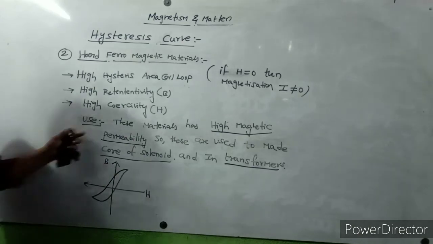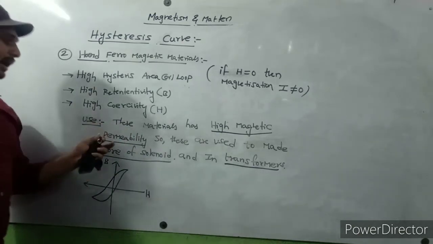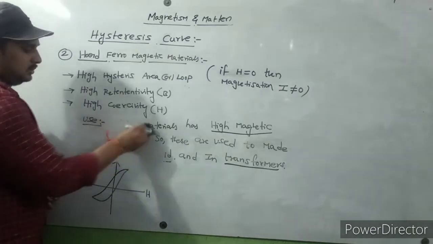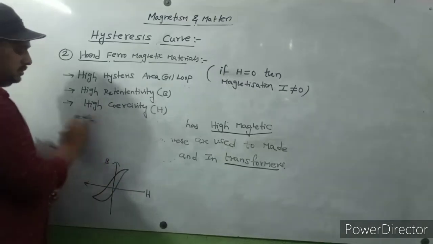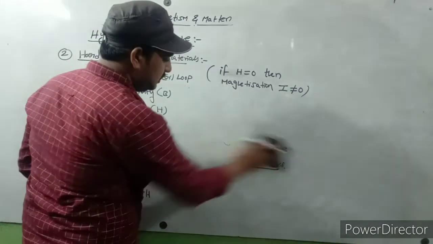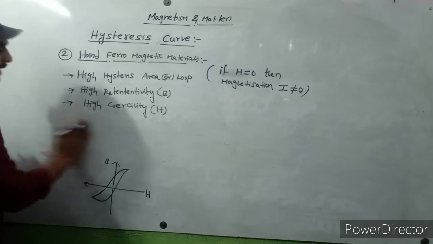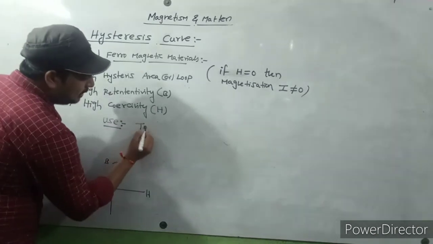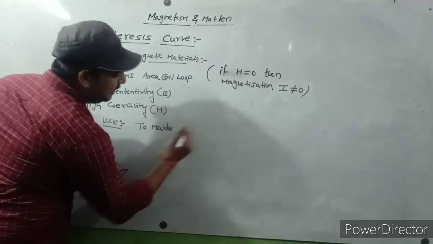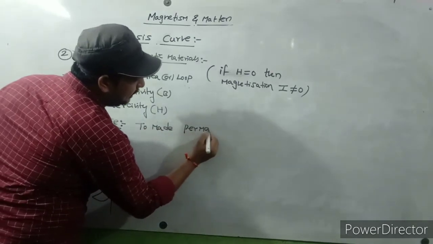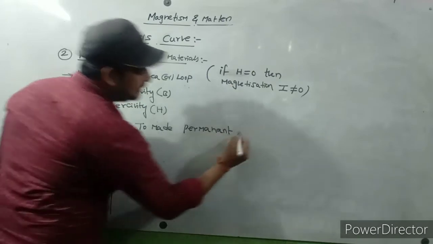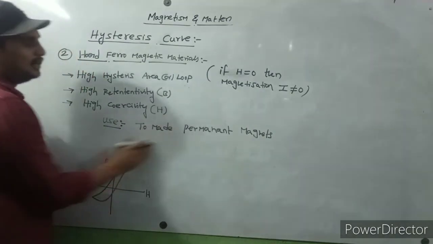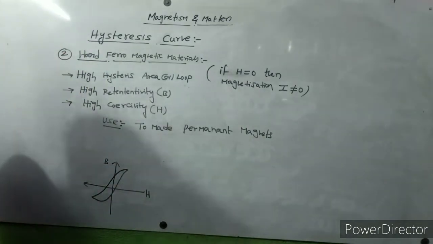Generally, hard magnetic materials are used to make permanent magnets. So to make permanent magnets, we are using hard ferromagnetic materials.